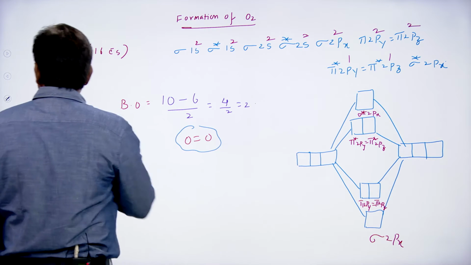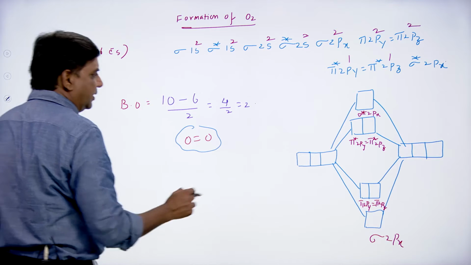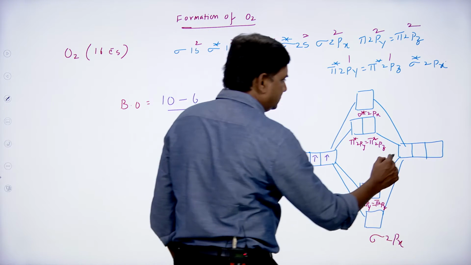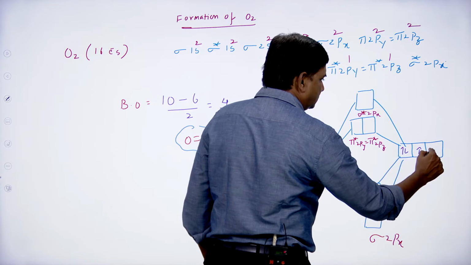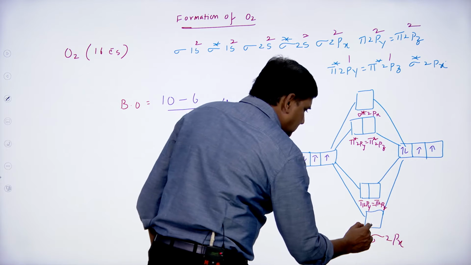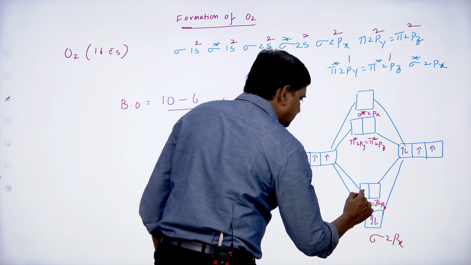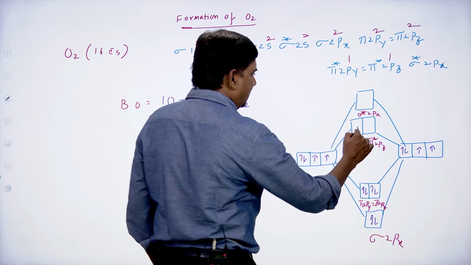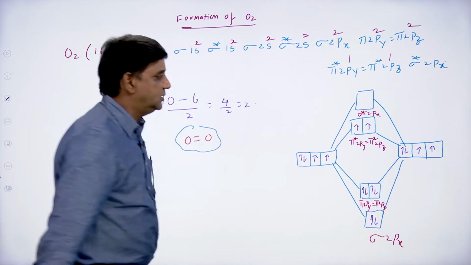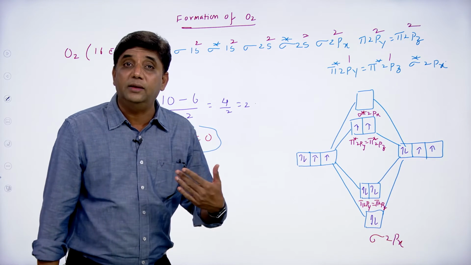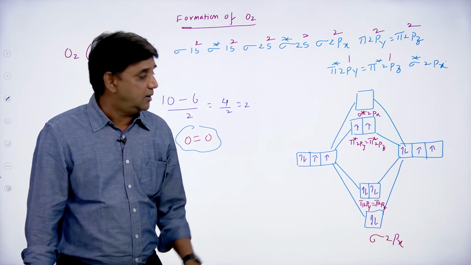Now here each atom's p orbitals contain 4 electrons, so eight electrons. So here 2 electrons, 6 electrons, and here 1 electron, and here 1 electron. This would be the molecular orbital energy diagram for the 2p orbitals of oxygen atoms.